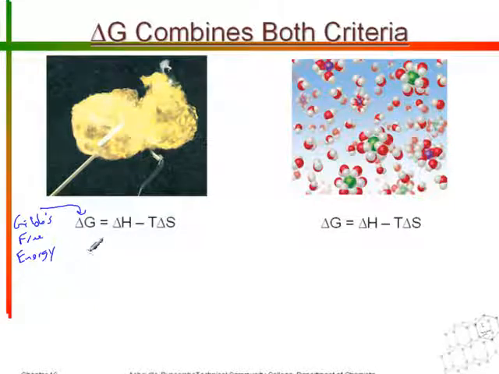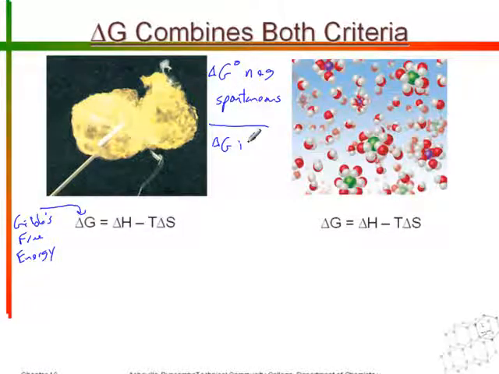I'm just going to go ahead and give you the take-home message, if you will. If delta G is negative, then you have a spontaneous reaction. If delta G is positive, then you have a non-spontaneous reaction. That's essentially as simple as it gets.